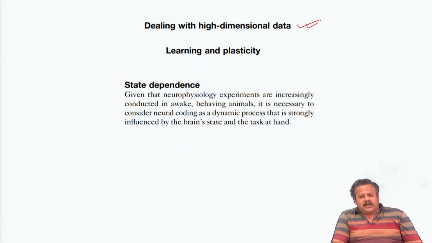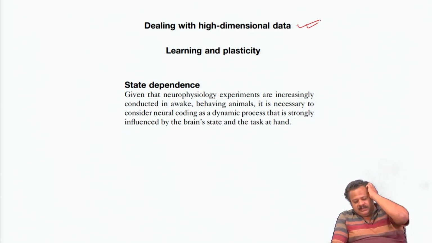Of course, learning and plasticity are always going to be probably the most important part of neuroscience, because that is what makes the brain unique, the extreme adaptability that neural systems have, and we are only scratching the surface in terms of biological computation and biological learning and plasticity.